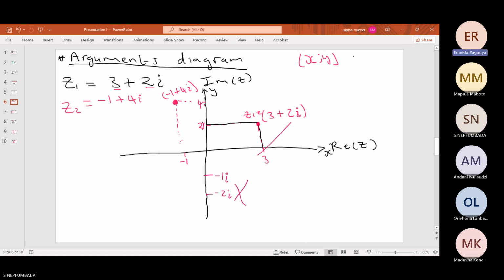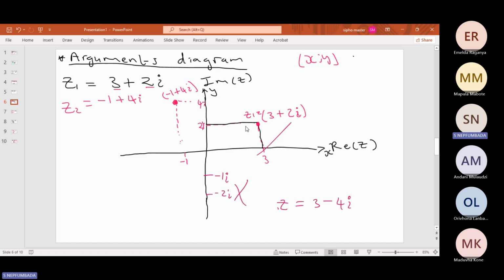My question is, if maybe we have z equals 3 minus 4i, are we not supposed to write the 3 on the x-axis, and then when we come to the y-axis, write negative 4i?